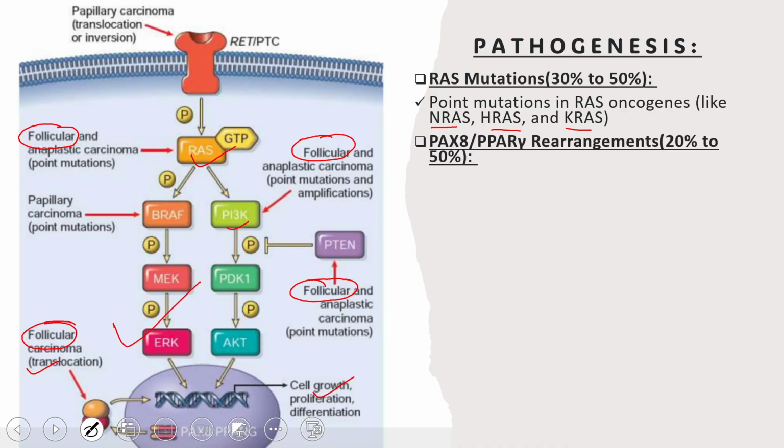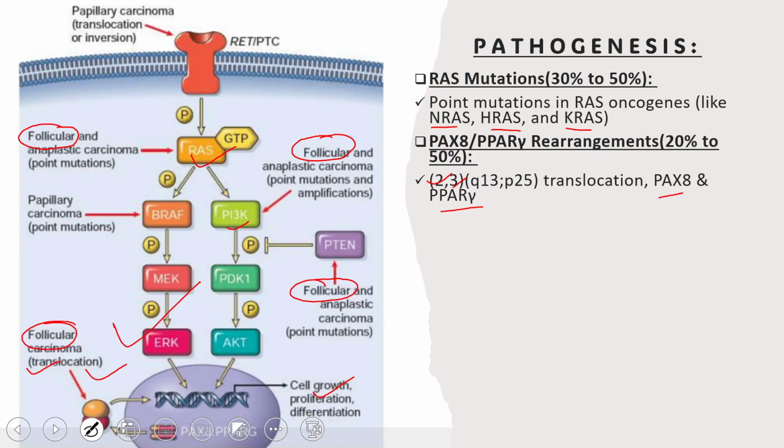And next there is a translocation or rearrangement which we had appreciated earlier. These genes, the PAX8 gene and PPAR gamma gene, are present on chromosomes 2 and 3.